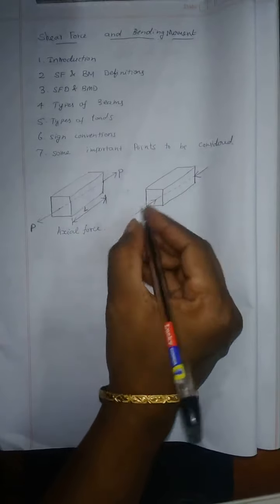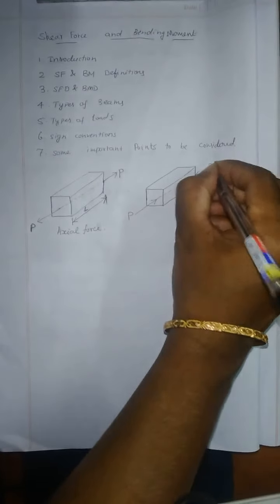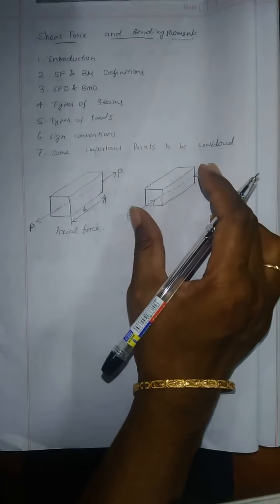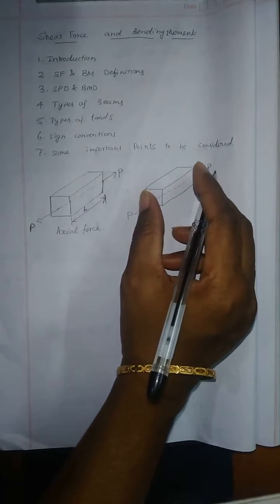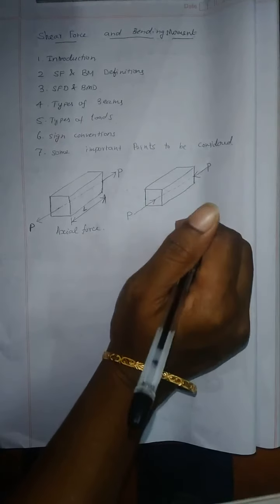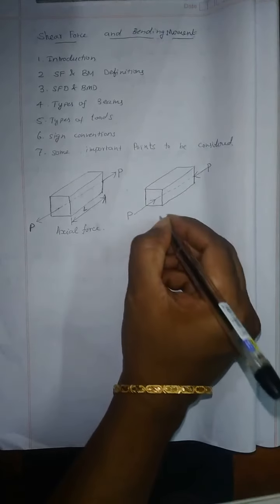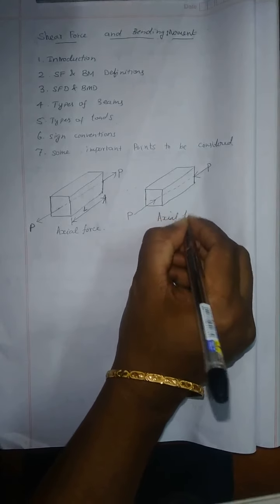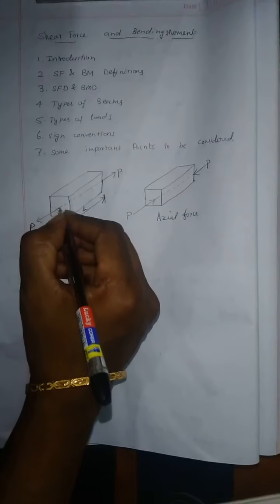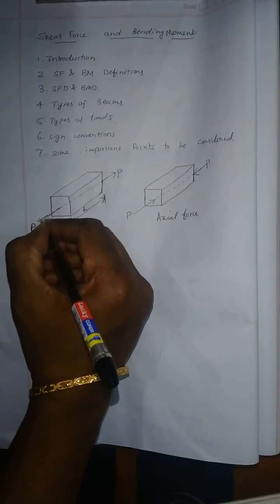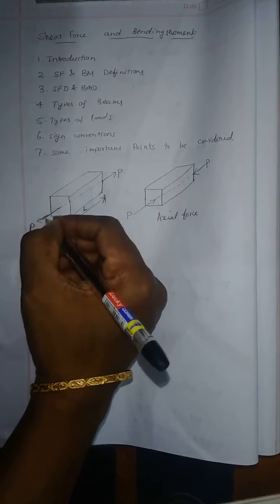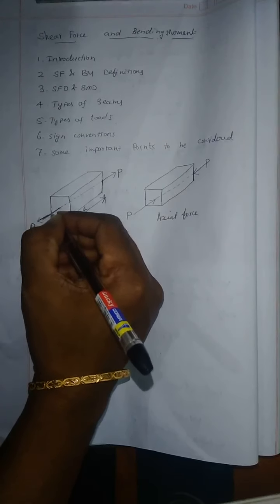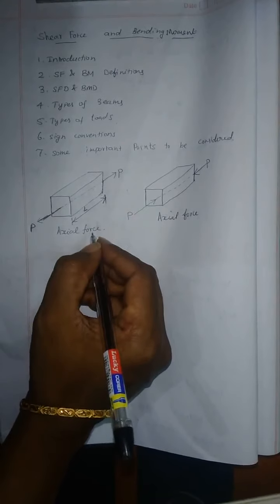Means we are compressing with the same intensity of load P. So these loads are compressing the object, so there may be some decrease in the length of the object. So this is also called axial force. Simply we can say when the force is acting parallel to the axis of the object, then we call it as axial force.